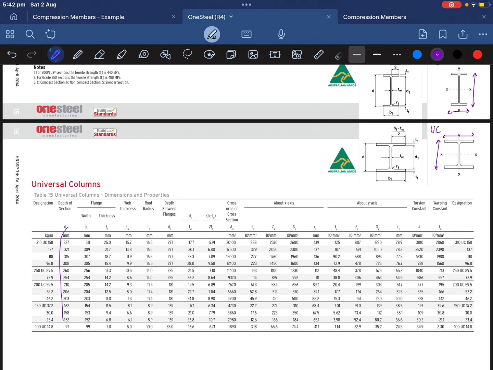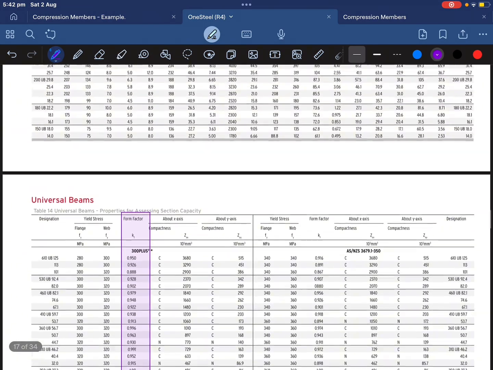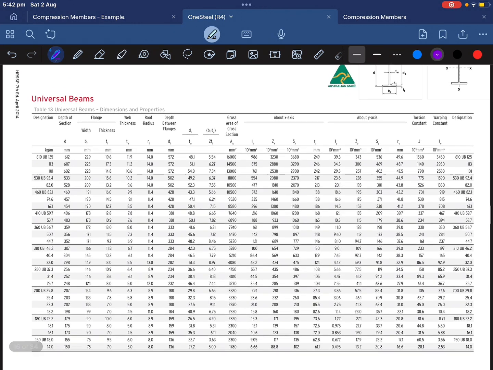Look at these values. Look how close they are together. You have a width of 311 and a depth of 327. So these numbers are super close together. But then if you come to universal beams, these numbers are far apart. Sorry, wrong one. These numbers are a bit different, right? They're a lot deeper than they are wide.